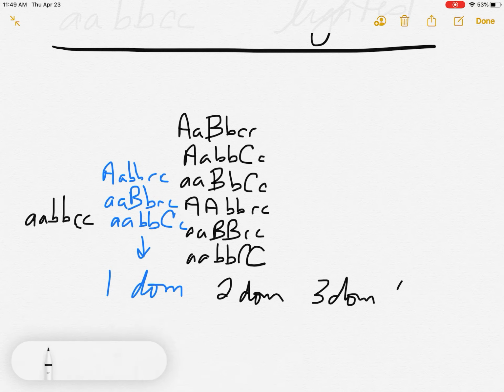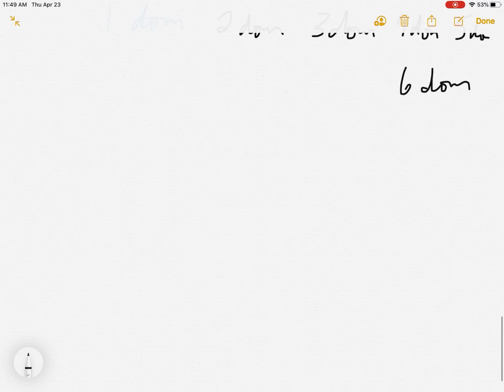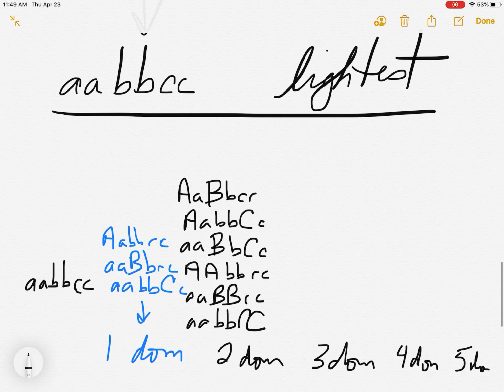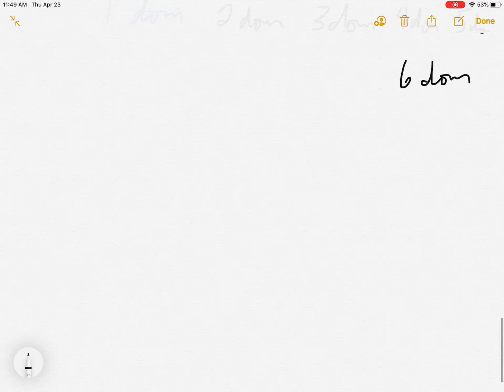This would be 6 ways of getting 4 dominant alleles. So we could just keep on doing this. And then you could also get 5 dominant, or then one more time, 6 dominant, which I can't squeeze in.